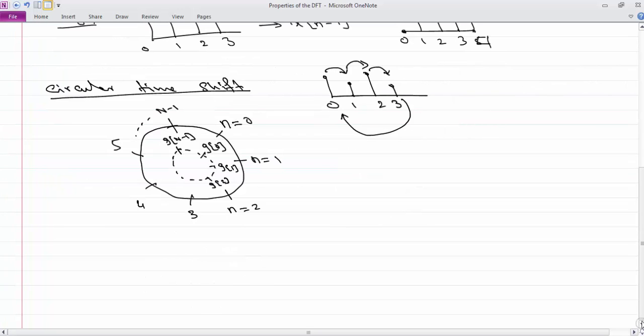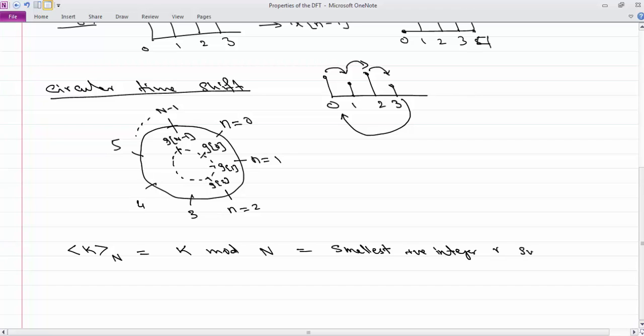Now, mathematically, that's just a mod operation. So mathematically, a circular shift is given by the mod operation. We had talked about k mod n. k mod n is defined as the smallest positive integer r such that k equals n times another integer plus r.